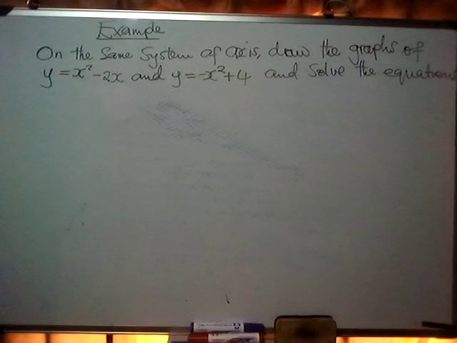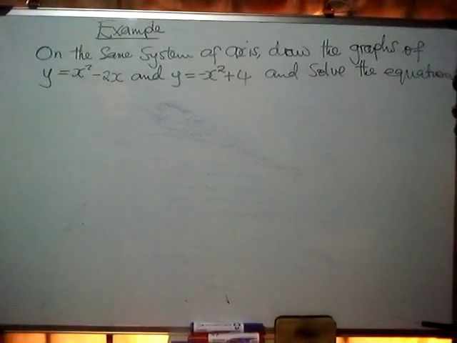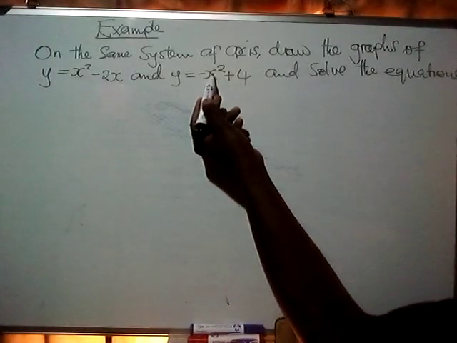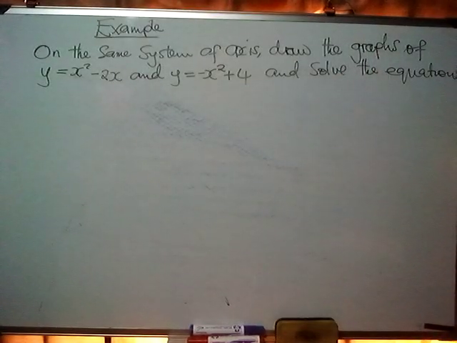The question is, on the same system of axes, draw the graphs of y is equal to x squared minus 2x and y is equal to negative x squared plus 4, and solve the equations.